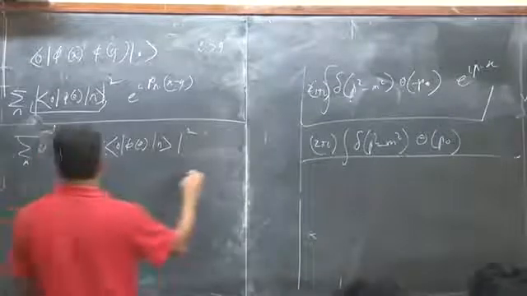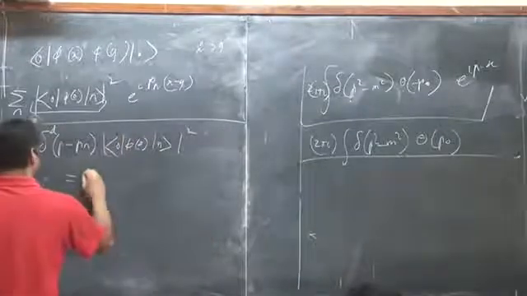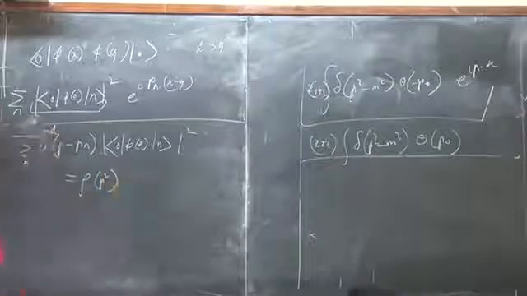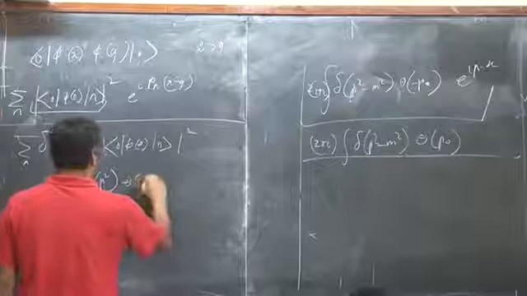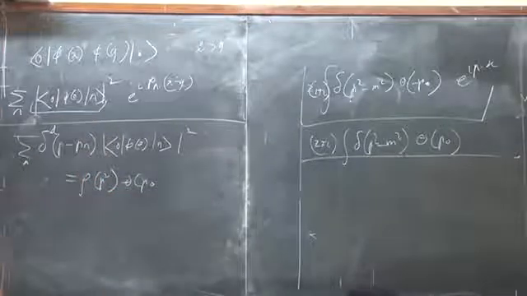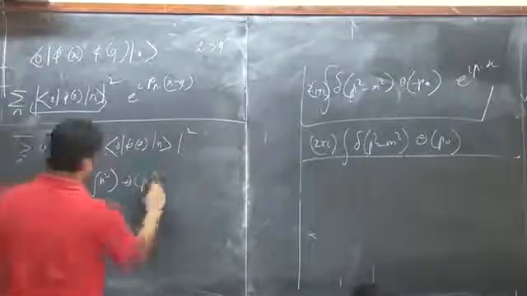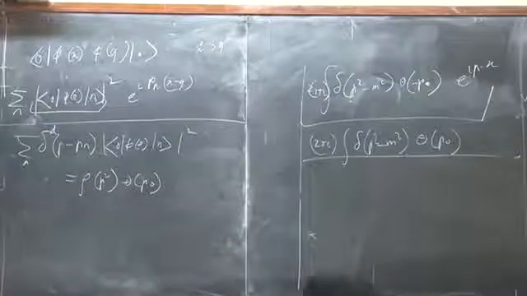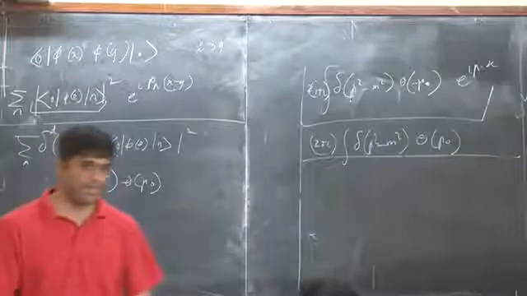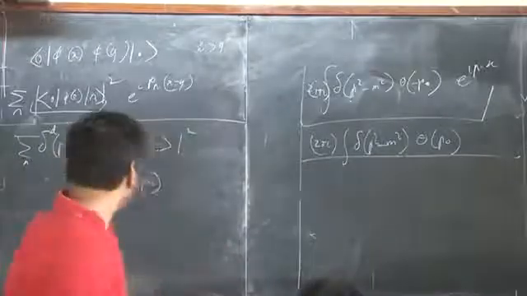I define this as equal to rho of P squared times theta of P0. Okay. Firstly, what's going on?